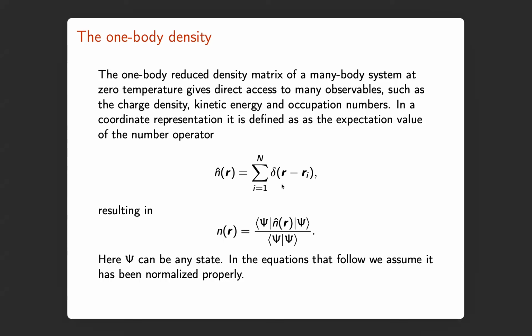If you go back a little bit in time, you may remember that we calculated the expectation value of the number operator, and we found that it is equal to the number of particles. We are going to discuss that in a little more detail tomorrow, but I just wanted to bring it up here.